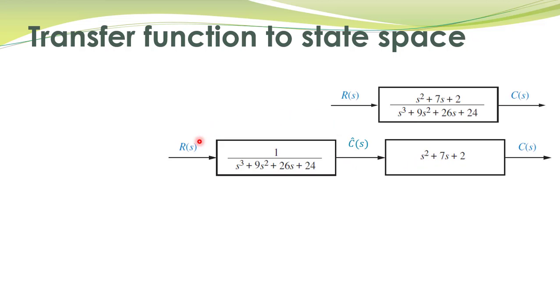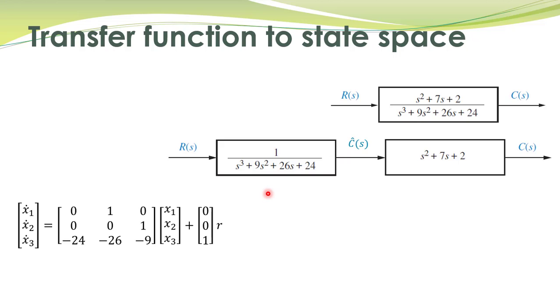For the first part of this block diagram, we have already learned how to obtain the state space representation. That is simple. We convert it into a differential equation and then convert it into first order differential equations. That will be the state equations. And we have already studied a shortcut as well. We can simply write these coefficients over here in reverse order with negative sign.